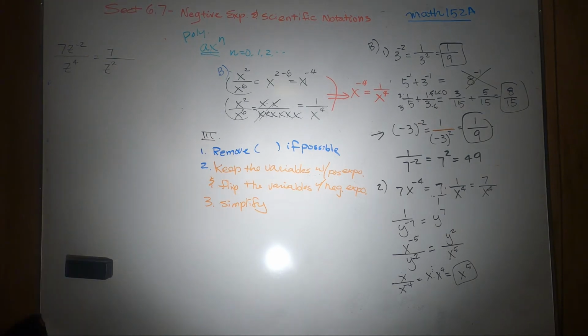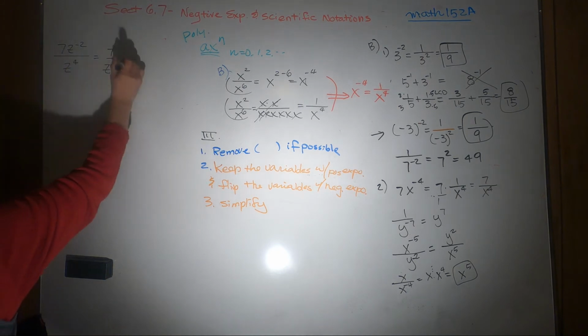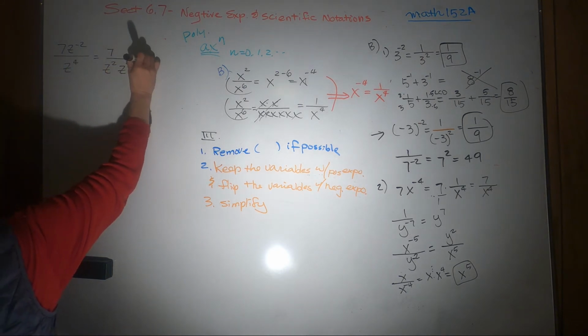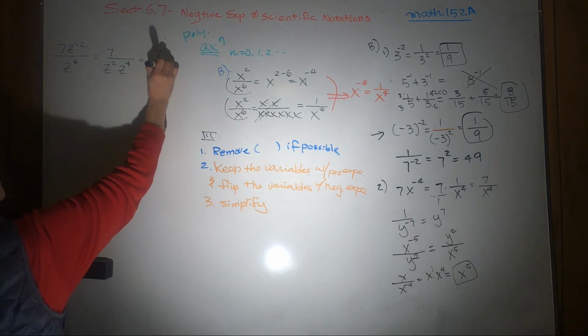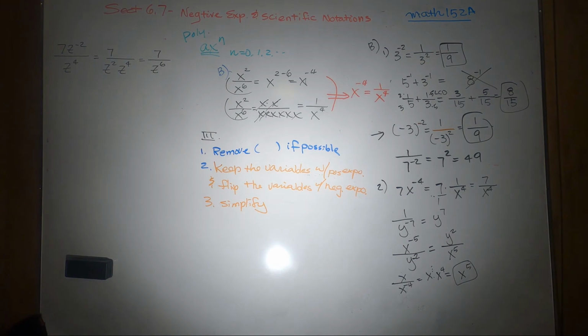Once you flip it, the negative exponent is gone, right? So z to the 4th power, do we flip? No, it stays. So total would be what? Z to the how many? It would be 6. Right?